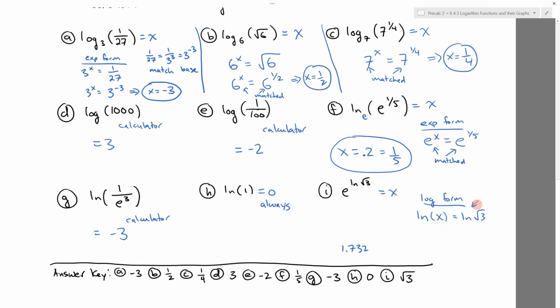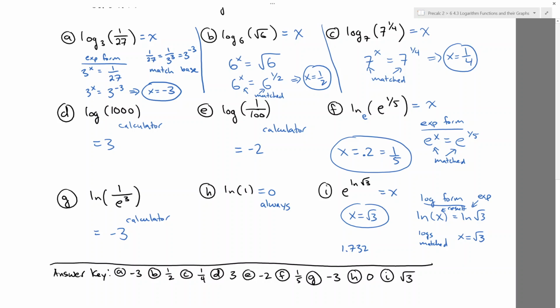Right, so the exponent should go here, and the result should go here. And so now the logs are matched. So that means these two things have to be the same. So x is equal to the square root of 3. And you can see that the square root of 3 is exactly this decimal value.